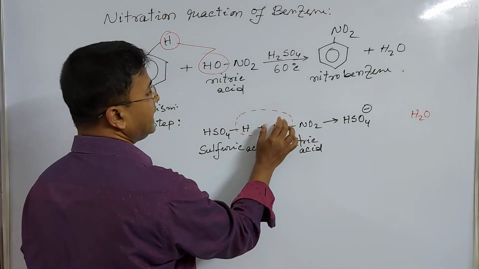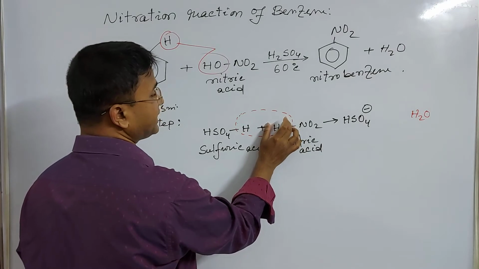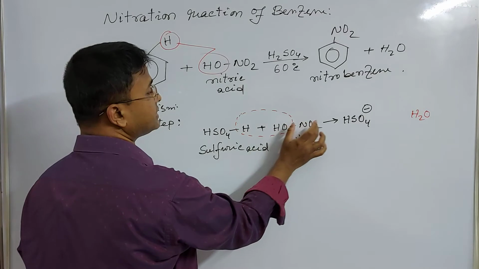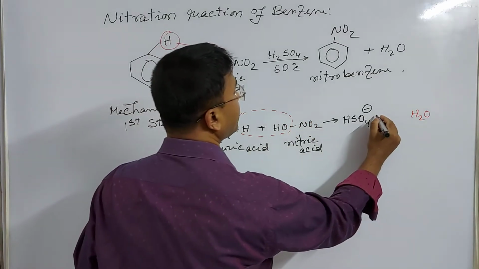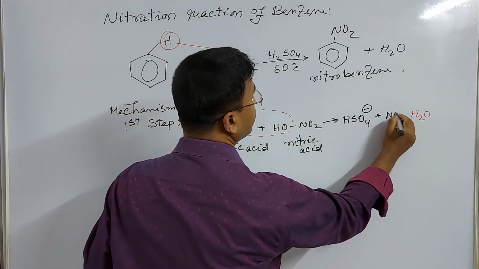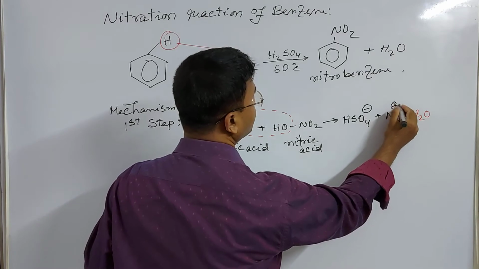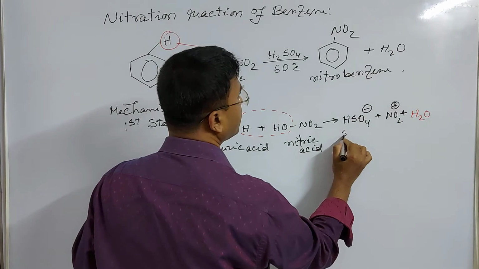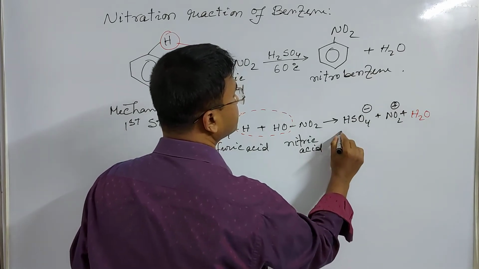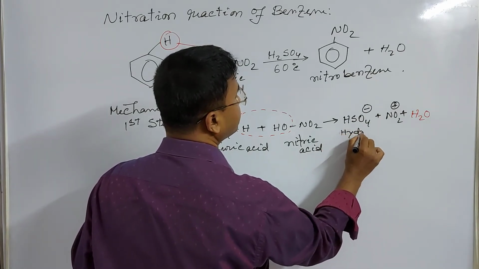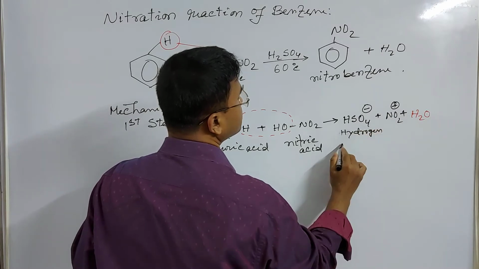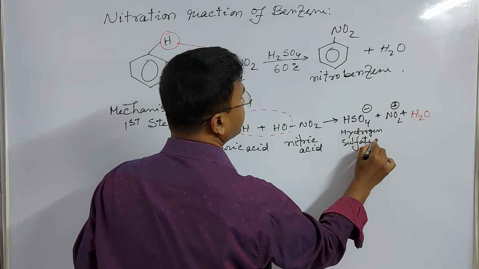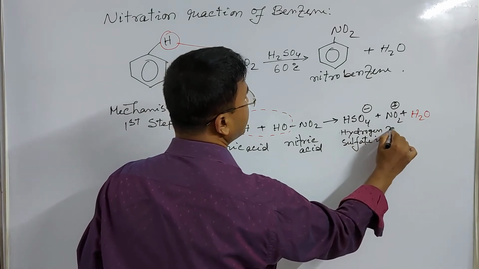However, as the OH group is negative, after removing the negative OH, the remaining part is NO2 plus. This is the nitronium ion, and this is the hydrogen sulfate ion.